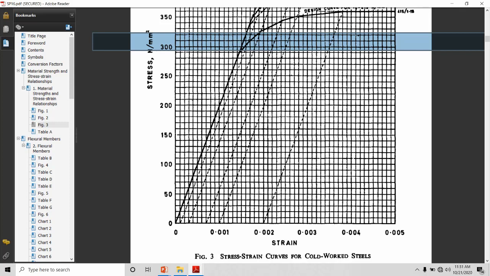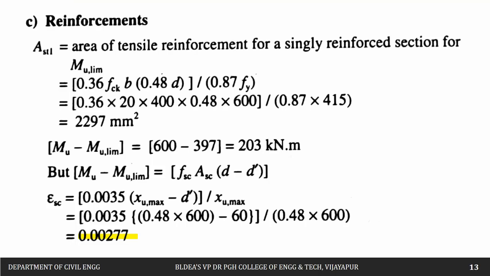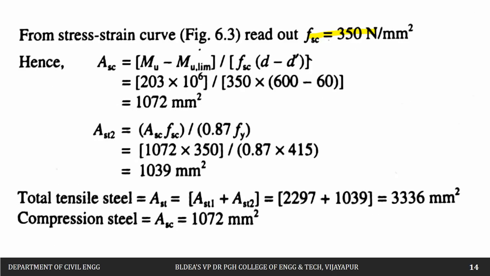So 7 means somewhere here in between we'll get it. It is Fe415 we have, and somewhere here it is going to cut. Therefore its value will be 350 Newton per mm square.